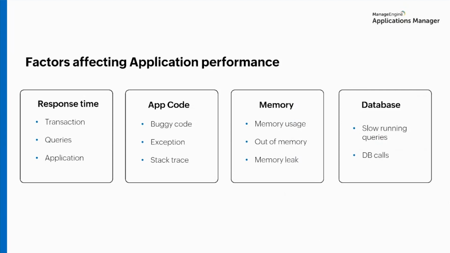For instance, the database calls and the queries pertaining to any specific transaction could become highly loaded, which can affect the performance of the application. Hence, the developers working on the application can depend on this APM Insight monitoring tool to keep an eye on the factors that are affecting the performance.